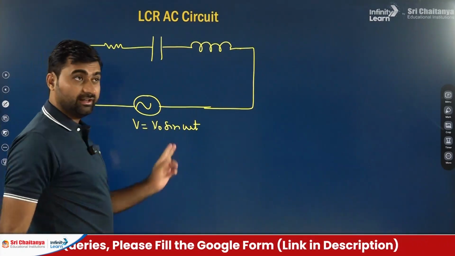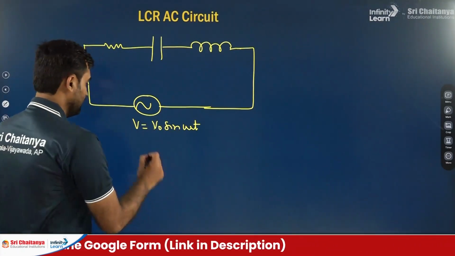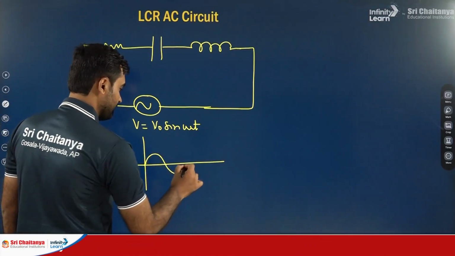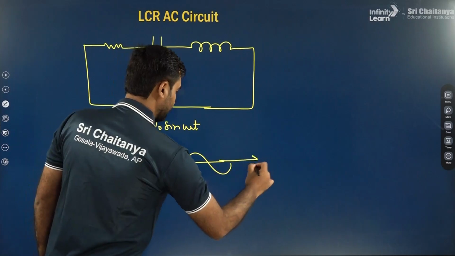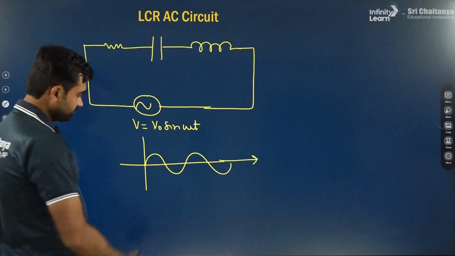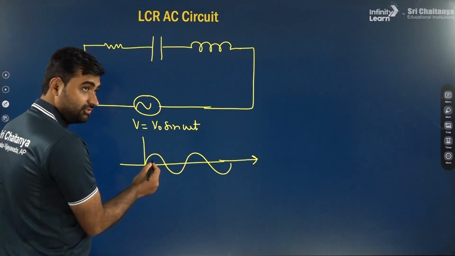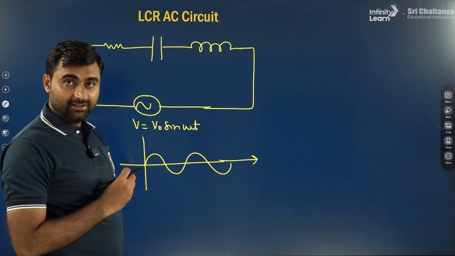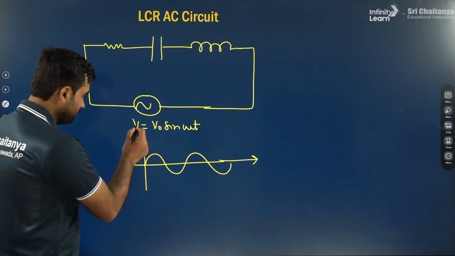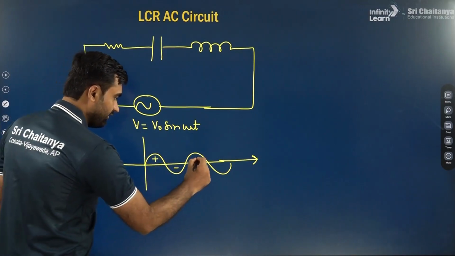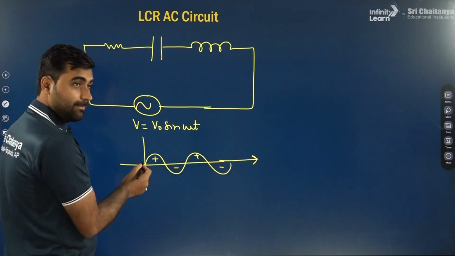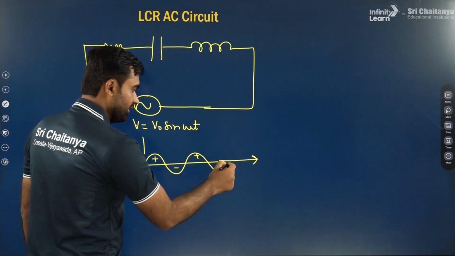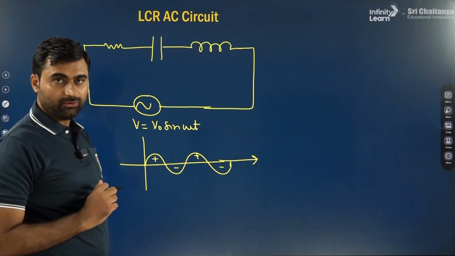Sine function is there. You know the sine theta graph is like this. So here we can see that this sine function is changing its values. These values will tell us about direction, that this voltage is changing its direction, its polarity, positive and negative.